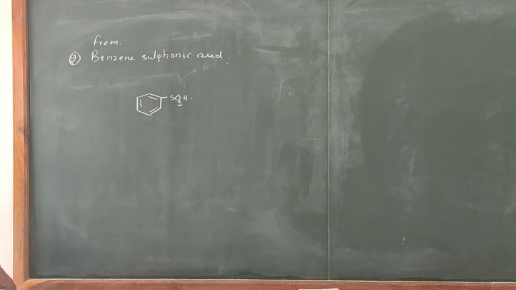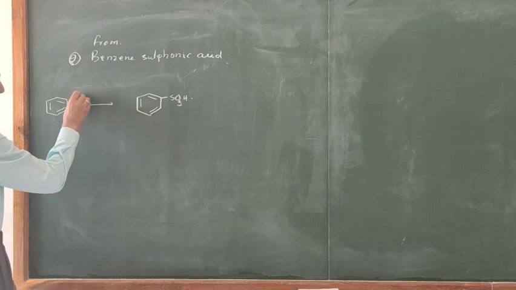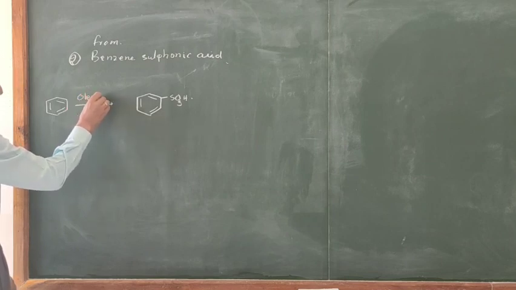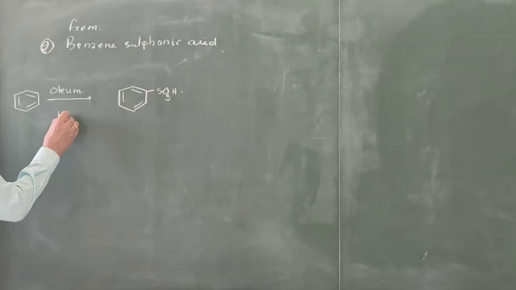How is it obtained? It is obtained from benzene by treating with oleum. Oleum means concentrated sulfuric acid.